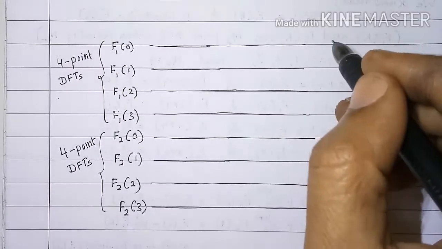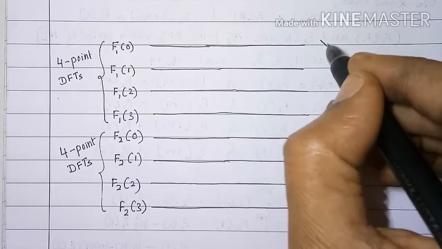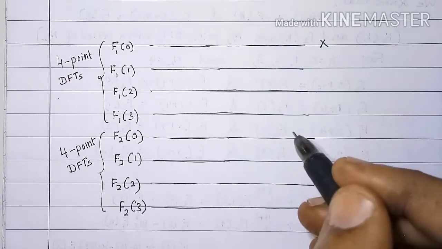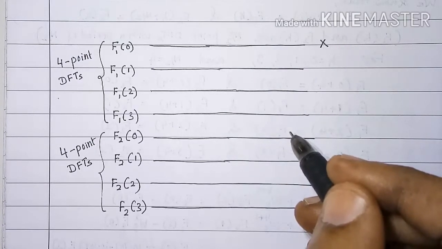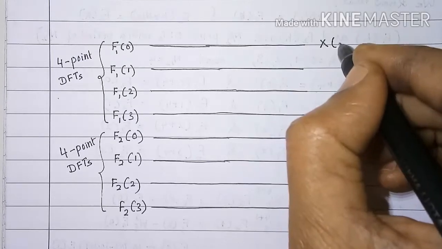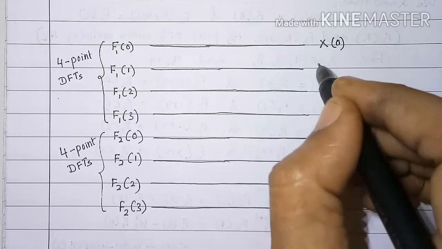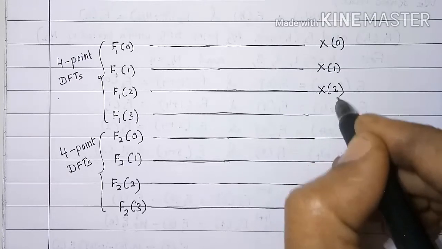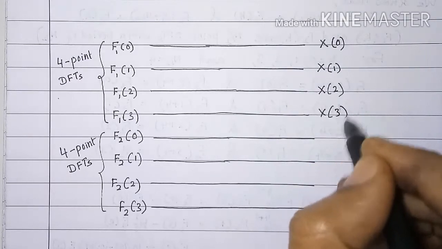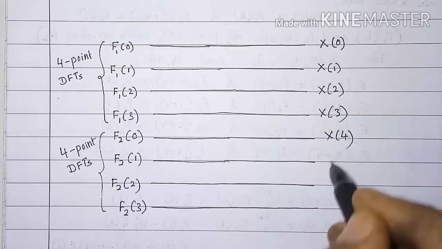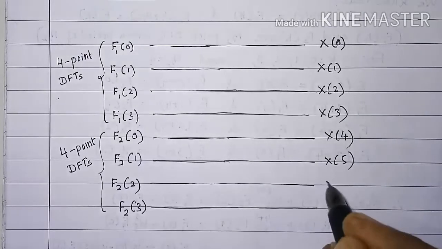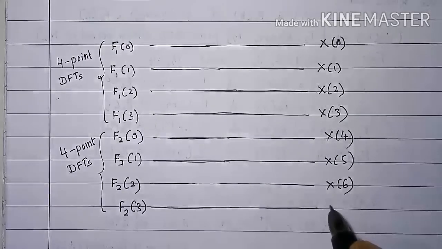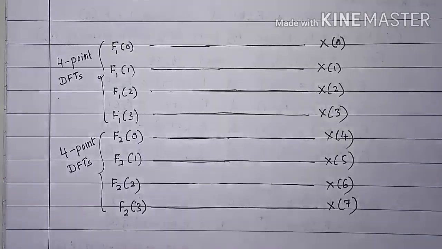We have to obtain from these 4-point DFTs 8-point DFTs, that is x of 0, x of 1, x of 2, x of 3, x of 4, x of 5, x of 6 and x of 7.